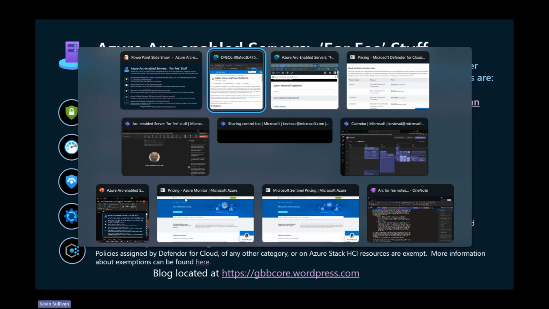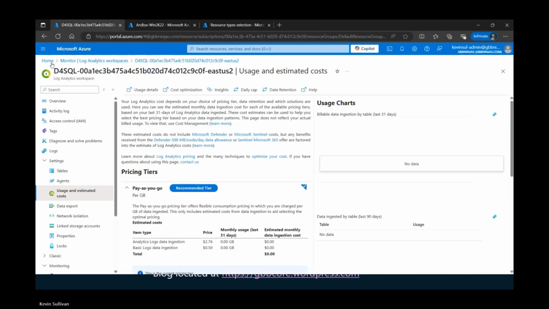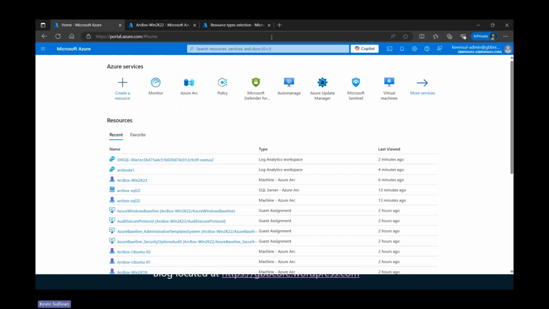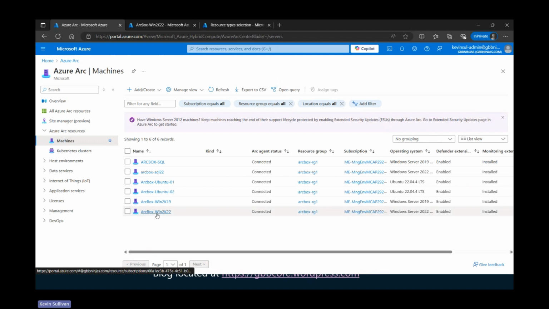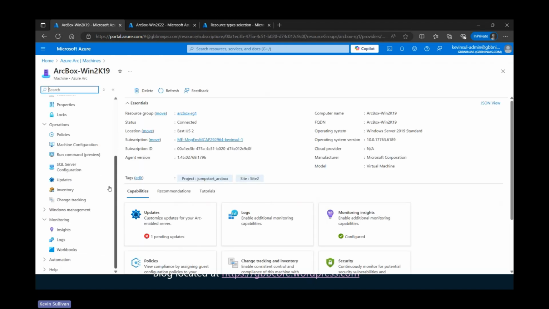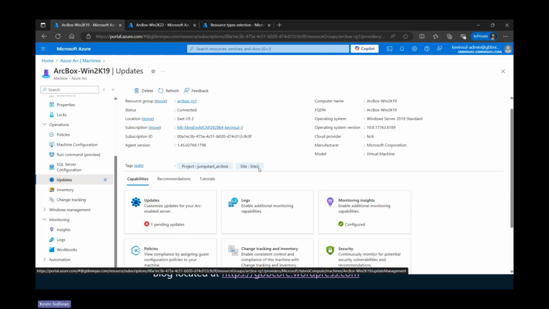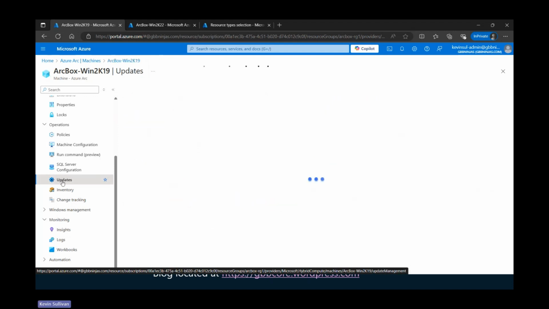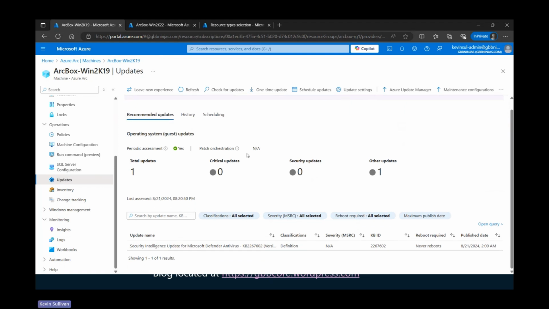So if I take a look at that, if I go back to my portal here, I'll just start from one of my Arc-enabled machines. We'll pick on another one, just say 2019 here. If you have this enabled, you can look at its updates section, and it'll actually show you things about, hey, are you missing any updates?